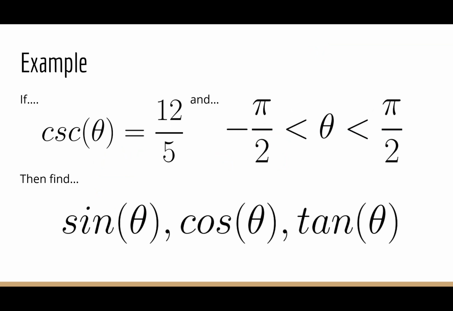And let's try one more, just a slightly more cryptic way of showing you where we're at. So cosecant, 12/5, and we have this inequality over here. So first of all, the inequality tells us which half of the circle we're on, and then cosecant, positive, so sine is positive.